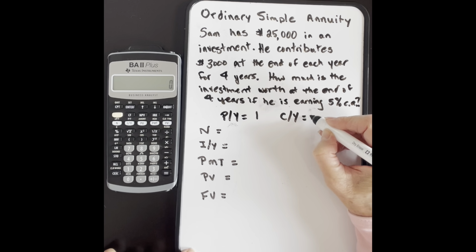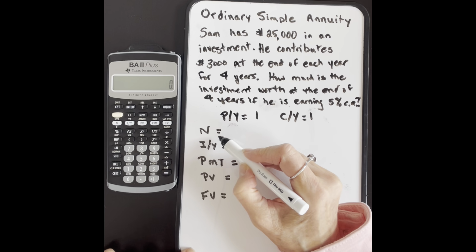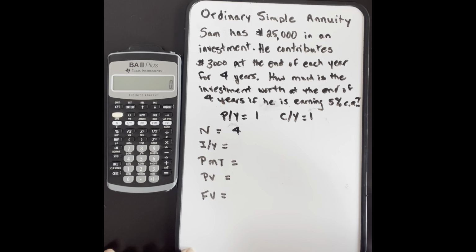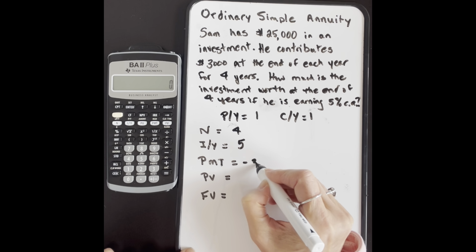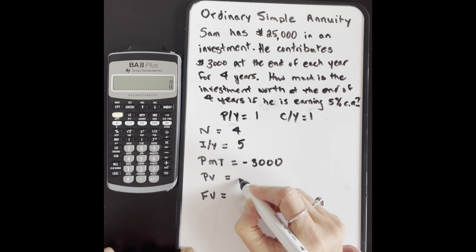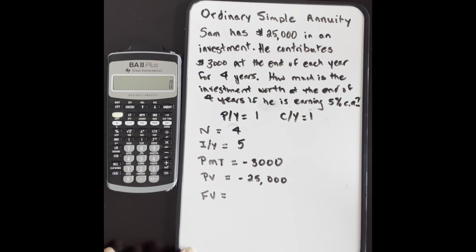Compound periods per year is also 1. N is number of payments, which is once a year for 4 years, so that will be 4. Interest rate is 5. Payment amount is negative 3,000. Present value is negative 25,000. That money went into an account. And we want to calculate future value.